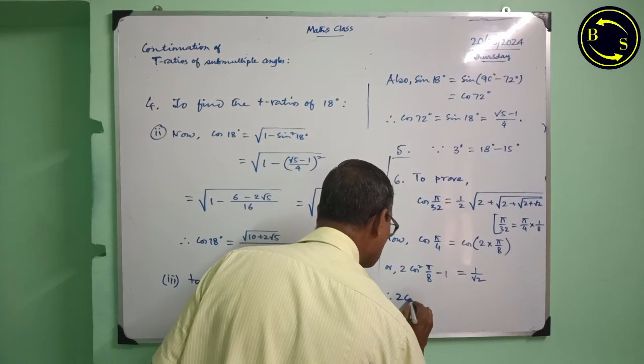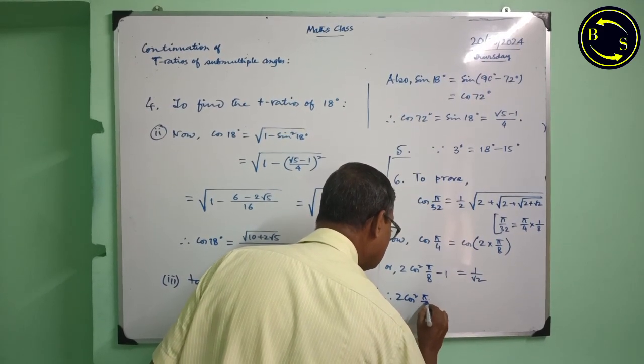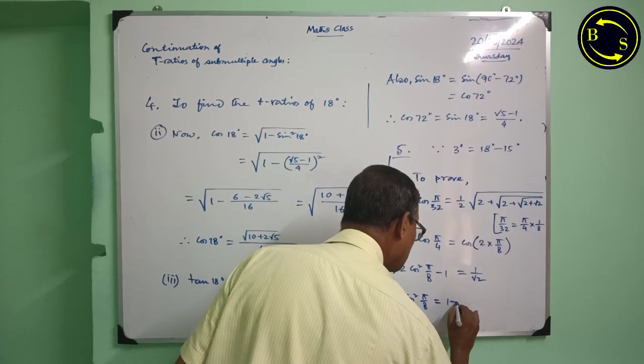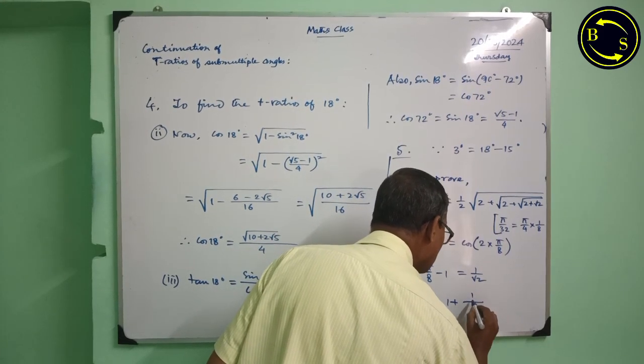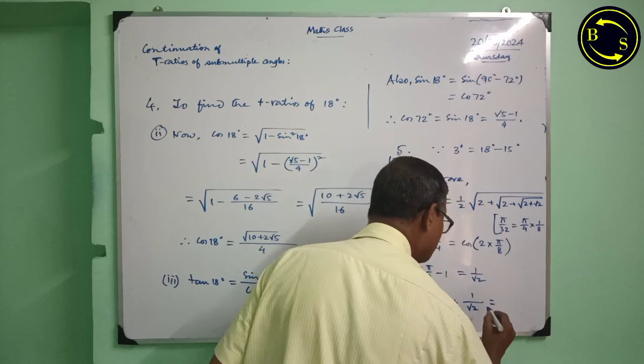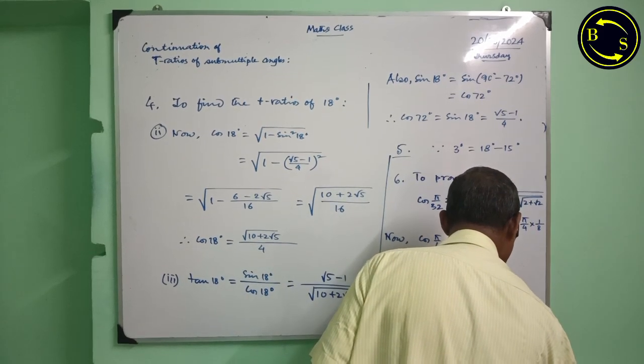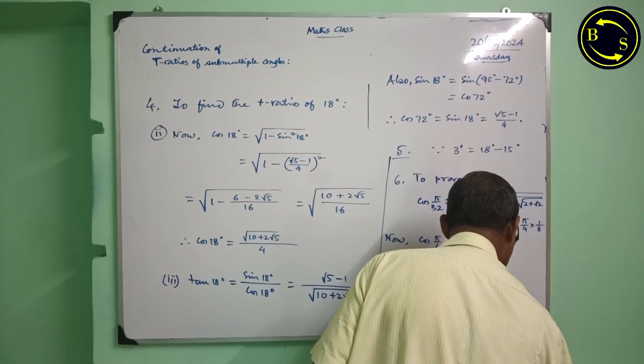Therefore 2 cos square pi by 8 is equal to 1 plus 1 by root 2. After simplifying, it will be 2 plus 1 divided by root 2.